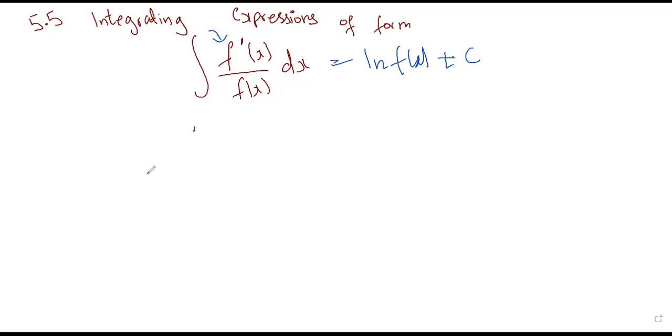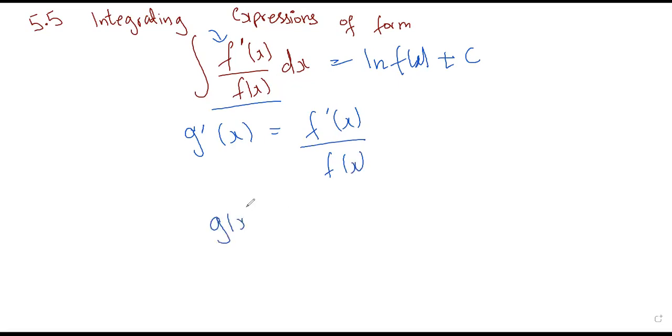Because again you need to think of it as the derivative. Okay, let's say this is g dash x, and now you need to think of a function whose derivative would be of this type. So this would be the function.